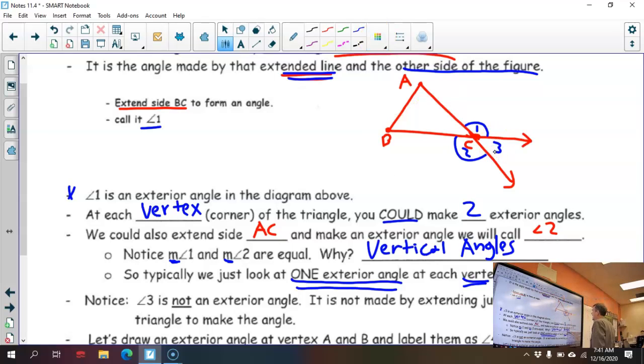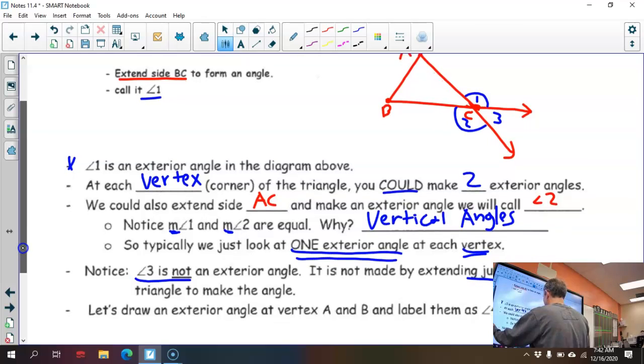There's another angle here, angle 3. Angle 3 is not an exterior angle, right? And I explained why, because it is not made by extending just one side of the triangle. It's made by extending both sides of the triangle, and then it's like between them. That is not an exterior angle.